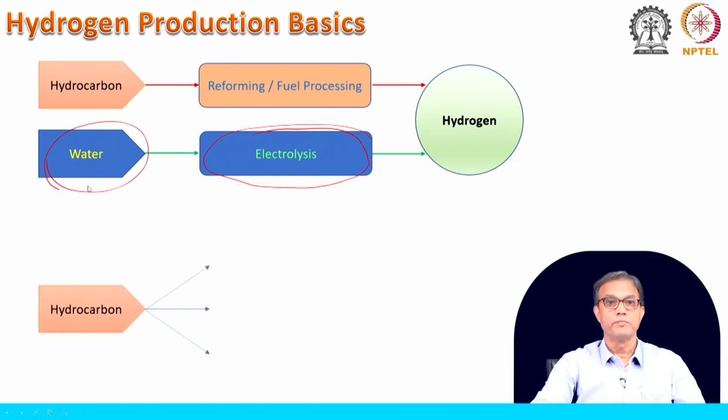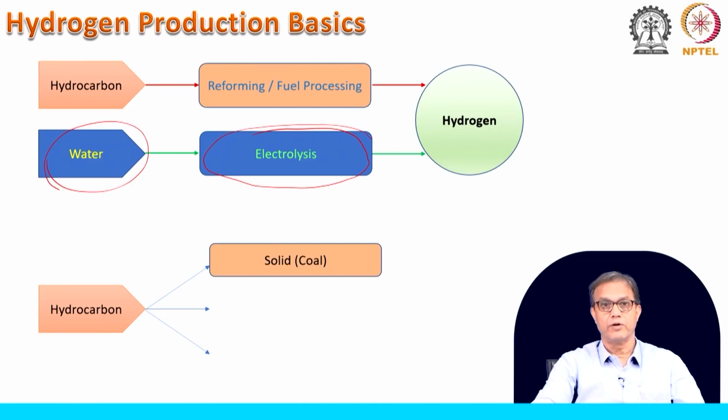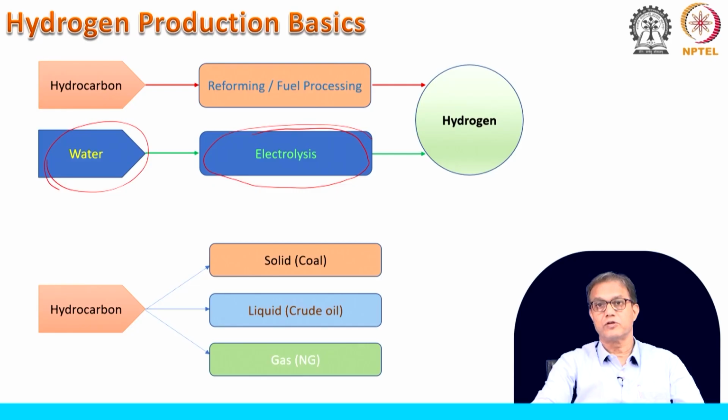the hydrocarbon, and we have in general three types of hydrocarbons. Maybe it is coal in the solid form, in the liquid form it is heavy oil or crude oil, and in the gaseous form we have natural gas, and one of the major components of natural gas is methane. Depending on the well composition, there can be higher hydrocarbons, but mainly it is based on methane.